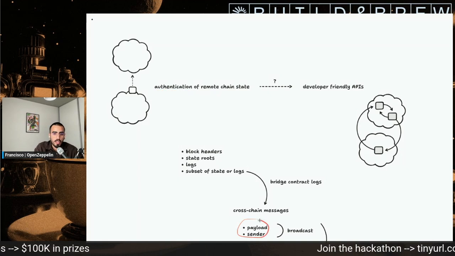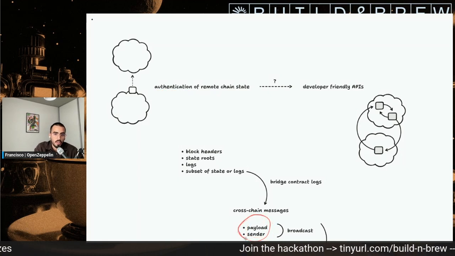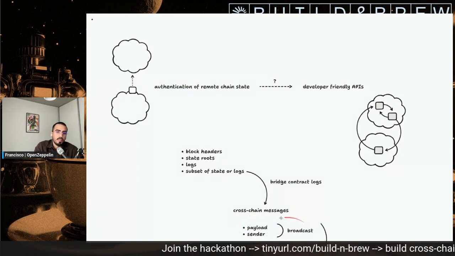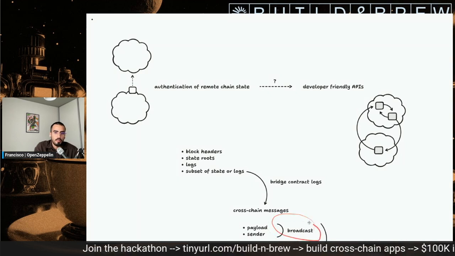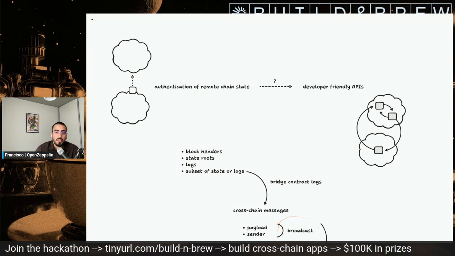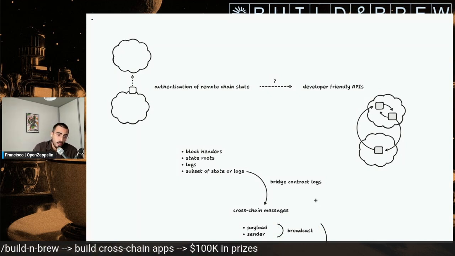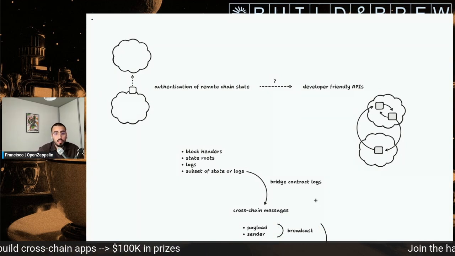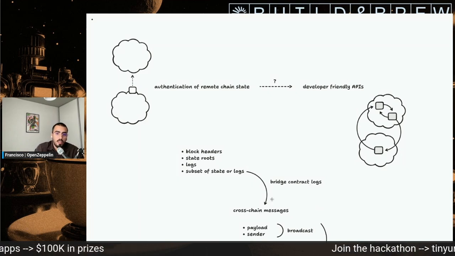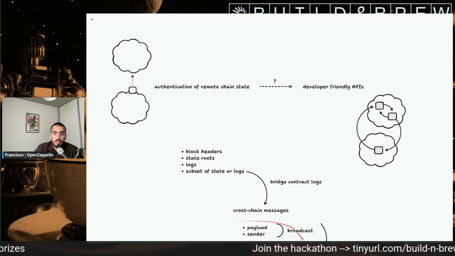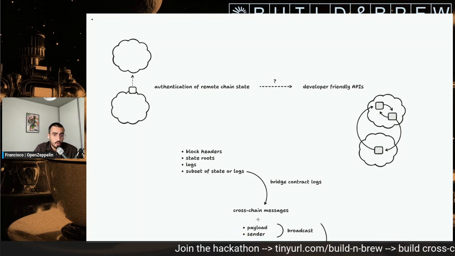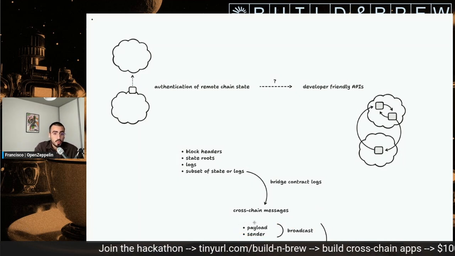Now, these two things are the basic things that you're going to want, and this is going to have the shape of a broadcasting primitive. This can be useful. In fact, Arbitrum recently released a broadcasting contract that does exactly this, and it can be useful for a wide range of use cases.